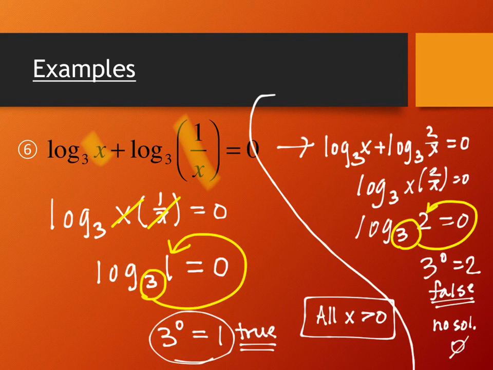So anytime we ended up with equations where we were seeing this too, that's what happened. If the statement was true still at the end, it's all real numbers that work in the equation anyway. And then if the equation ends up not being true at the end, then there simply is no solution to that particular equation.